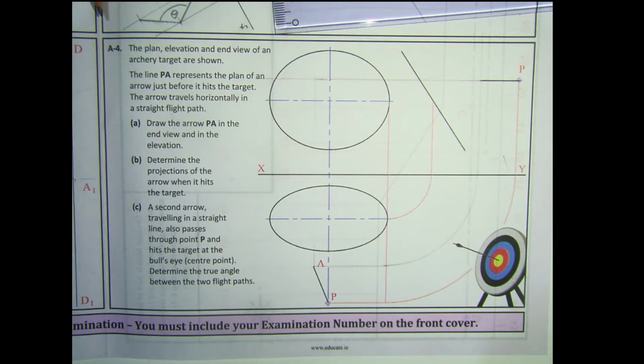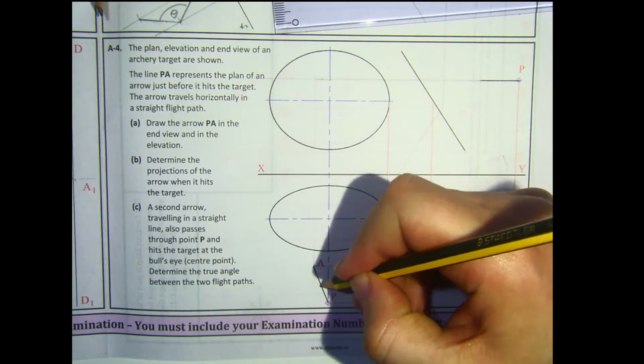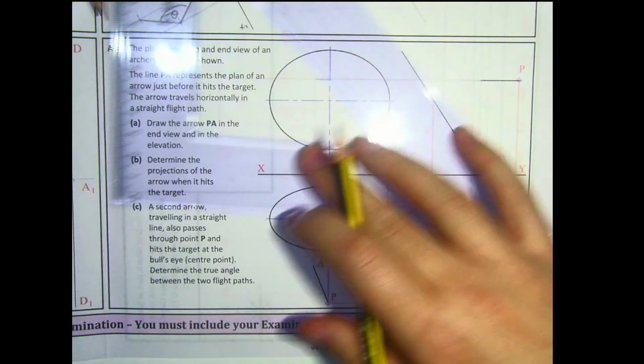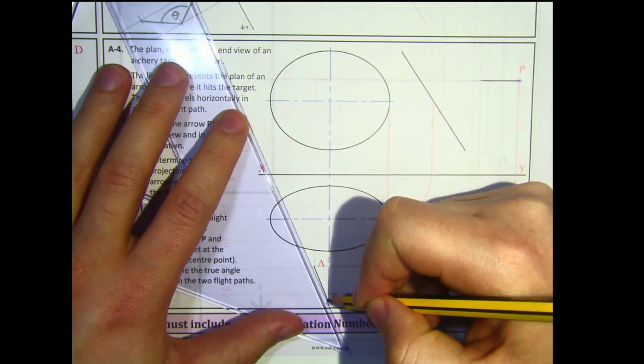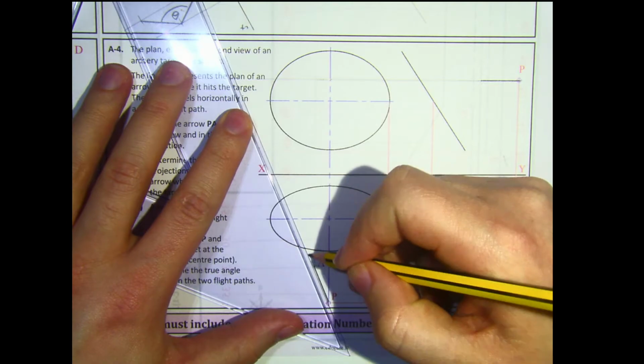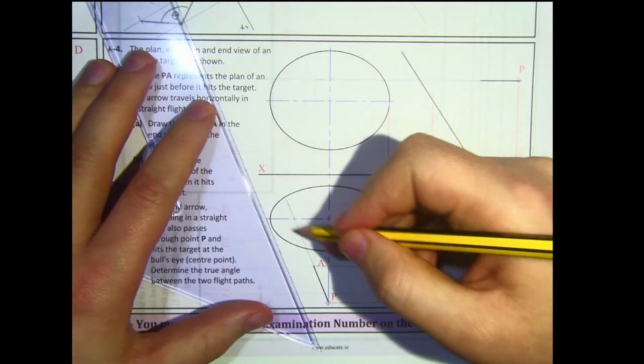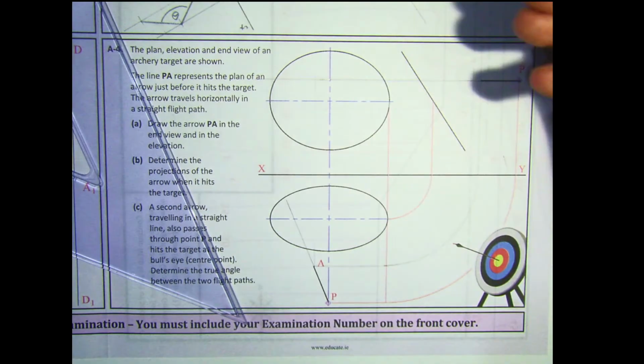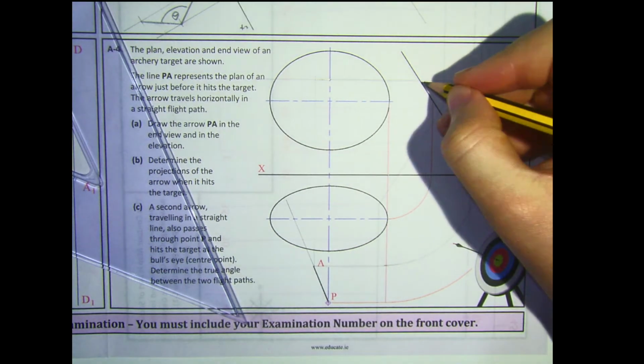Part B is to determine the projections of the arrow when it hits the target. So if it's traveling in a straight line, it's going to continue along this way. So extending this line here until it touches. We need to determine where it touches it. We know up here it's going to be somewhere along that line, and in the end view we can determine where it hits it. So it's up here, it's this point.